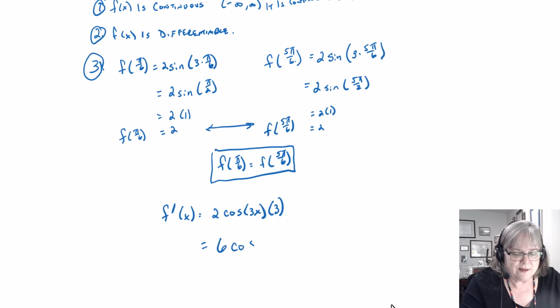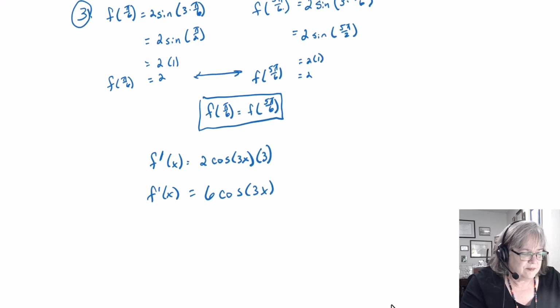So this is 6 cosine 3x. Now, what we're looking for is these critical numbers where either the numerator is equal to 0 or the denominator is undefined. This is the numerator is equal to 0 when we've gone through and done all the minimum and the maximum and optimization and everything. So we're looking for where this is equal to 0.